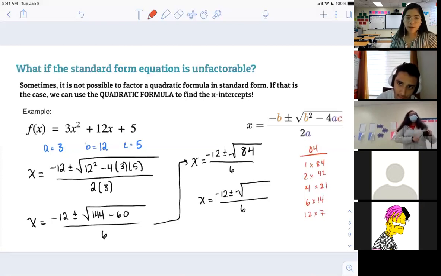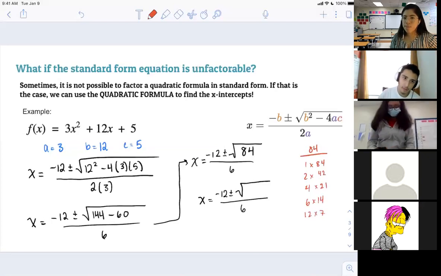Okay. Out of all those numbers, which one can you take the square root of? Jalen, what's the square root of 21?